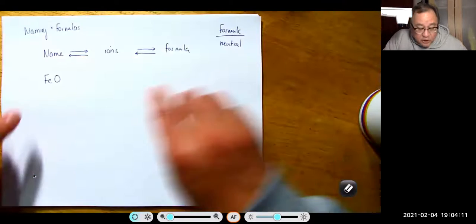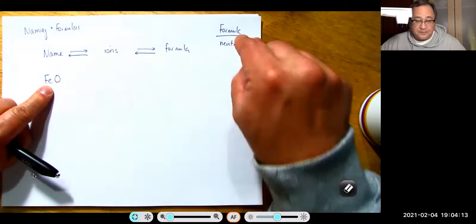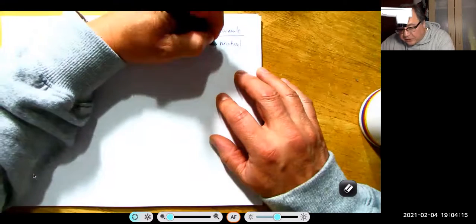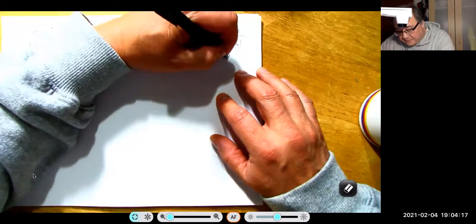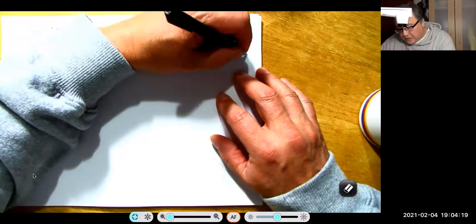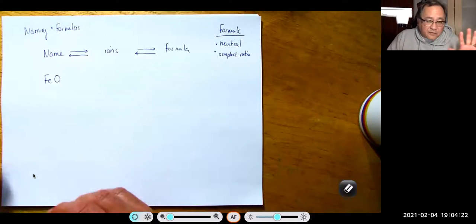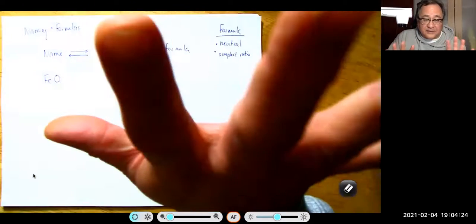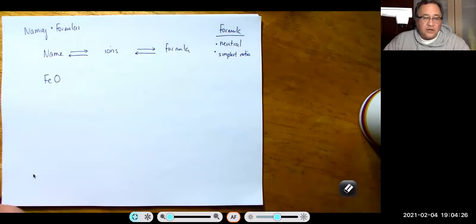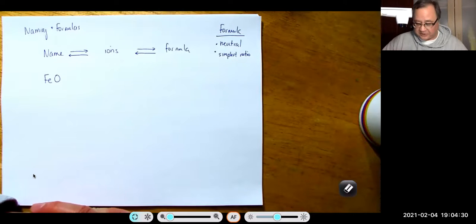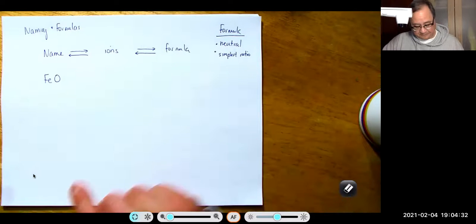So when you add up the charges on all the ions, it's neutral. And it's also going to be the simplest ratio. So if you can have 5 of one and 5 of another, and it adds up to be neutral, you don't say that the formula is 5-5, you say it's 1-1. So the simplest ratio and neutral.